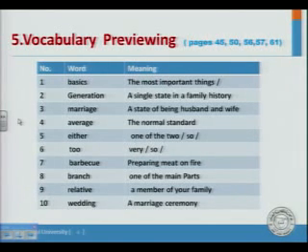A branch is a part of, let's say, a main thing or a main part. When we say Riyadh Bank has so many branches in different areas, different cities, in Arabic branch means فرع. The plural is فروع, branches.